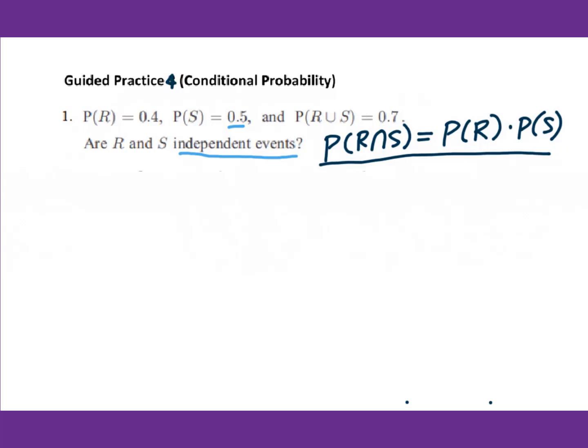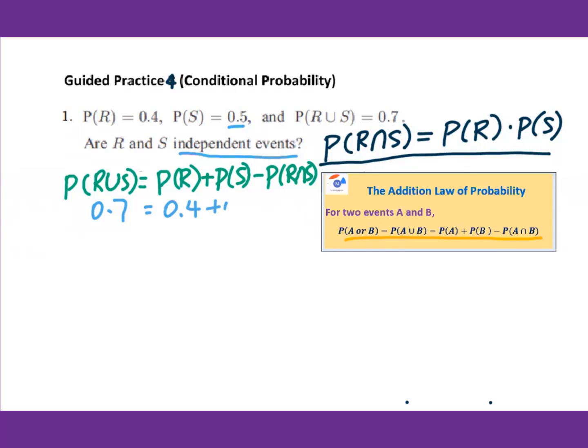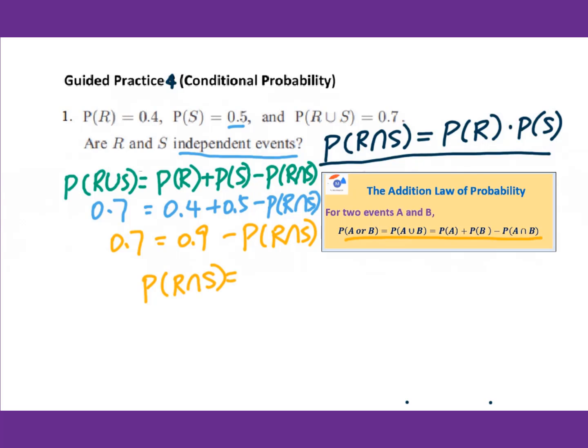Therefore, using the addition law of probabilities, that is this equation, you will get the probability of R or S equals the probability of R plus the probability of S minus the probability of R and S. We plug in: 0.7 equals 0.4 plus 0.5 minus the probability of R and S. So we have 0.7 equals 0.9 minus the probability of R and S. So the probability of R and S equals 0.9 minus 0.7, that is 0.2.